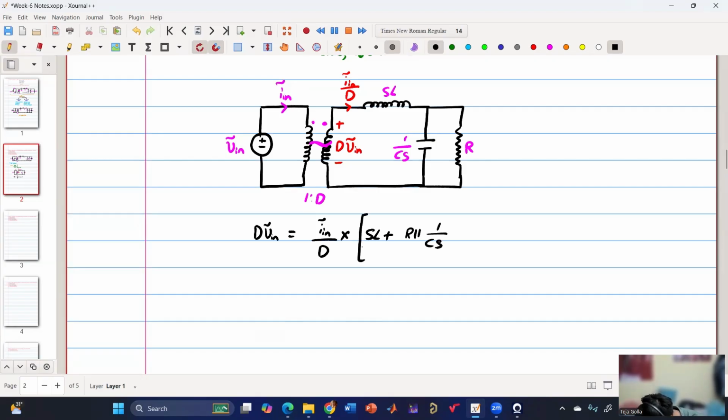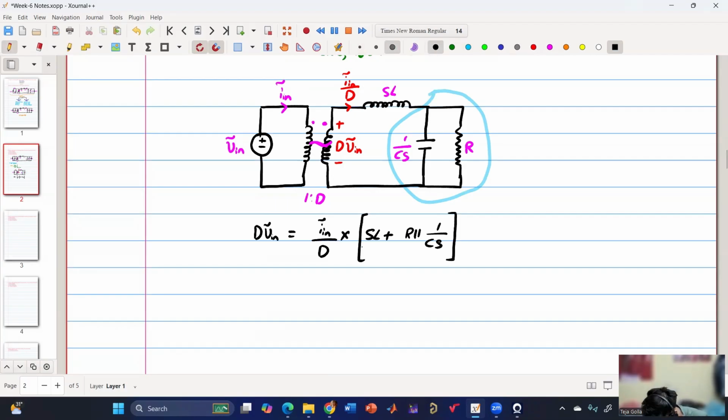Agree? I have considered R parallel 1 by CS, and that is in series with the SL. So that will become this expression.